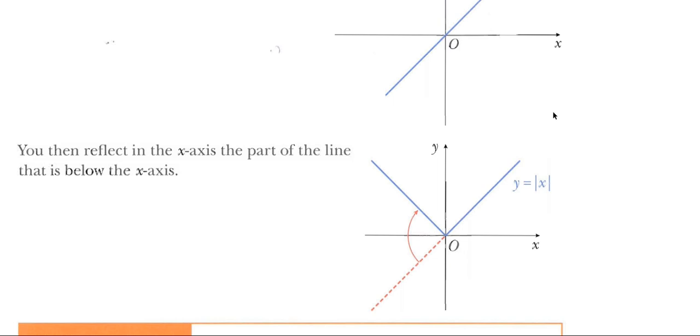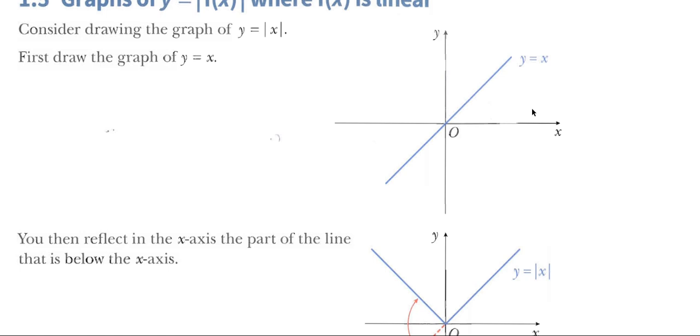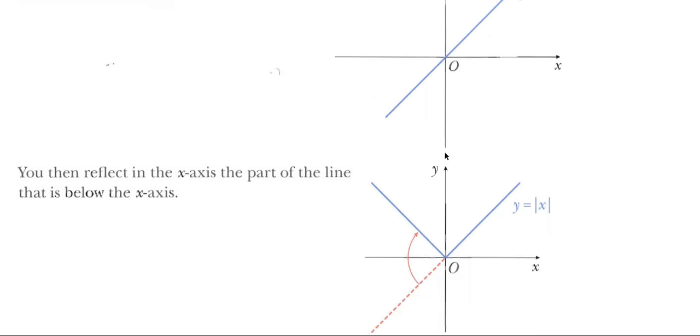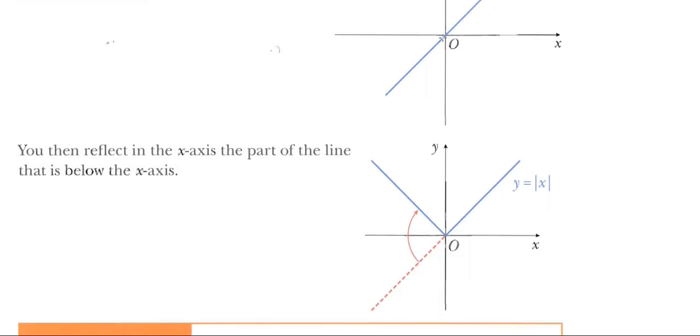After drawing a graph without the absolute value, see how much part is below the x-axis, and then reflect it. How we do this? Just wait for exercise 1.5. So this is the graph of the absolute value function.